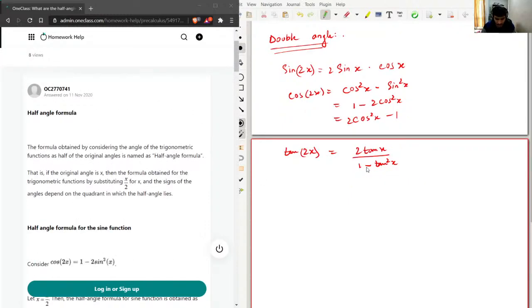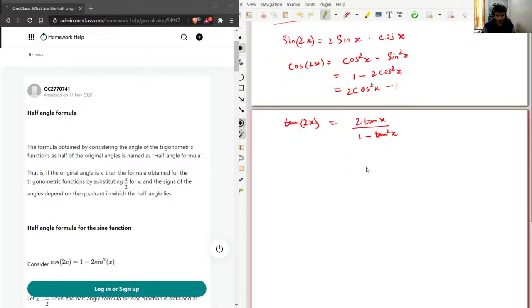I can also go with this. Let's do the derivation of sine 2x. Then I will do the derivation of cosine, and then tangent. Okay. So the formula for sine a plus b is sin a cos b plus cos a sin b.